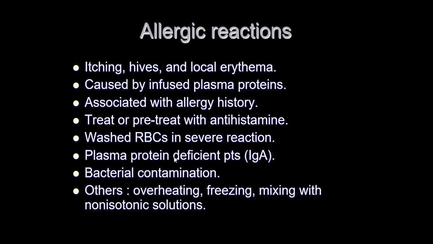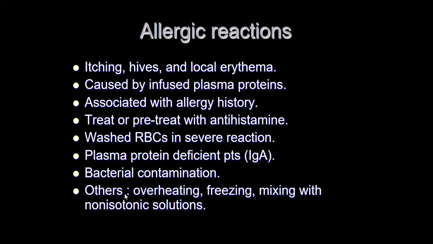Also, we could use blood from plasma protein deficient donors, for example, to remove the IgA antibodies if the patient is allergic to IgA antibodies. Or the patient here could have bacterial contamination, so we have to treat with antibiotics and do cultures at the same time.